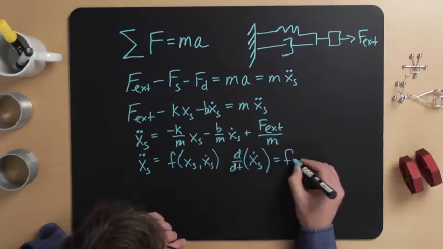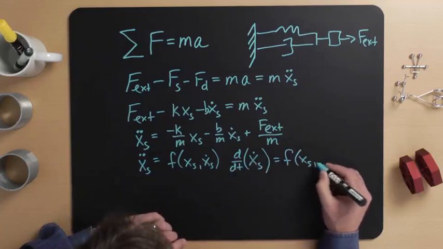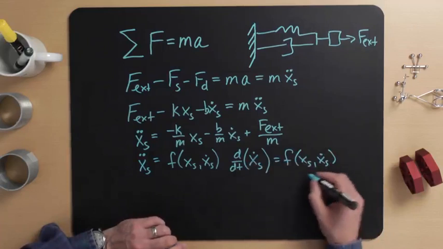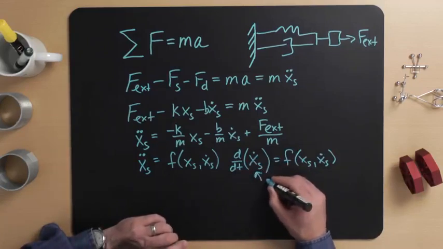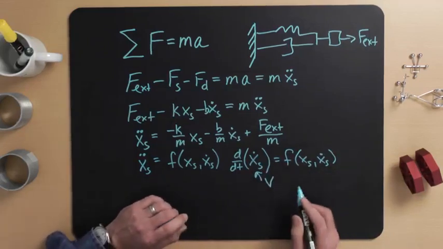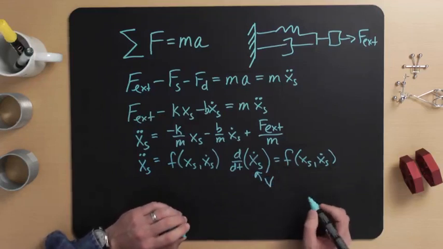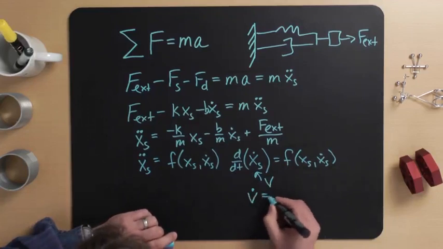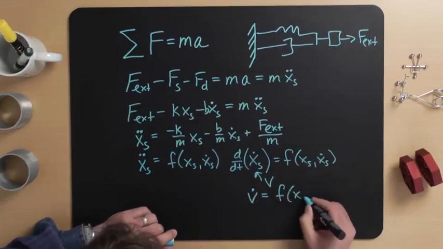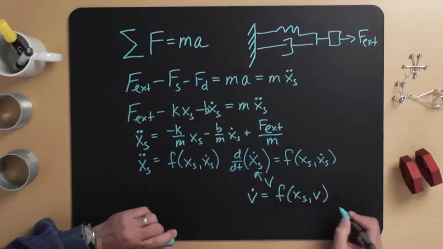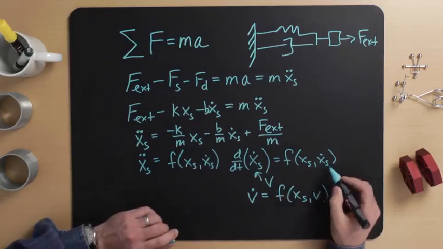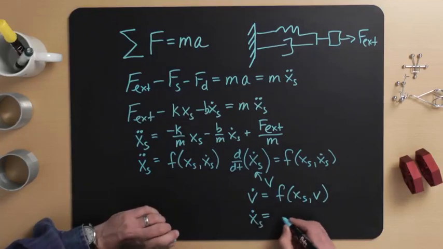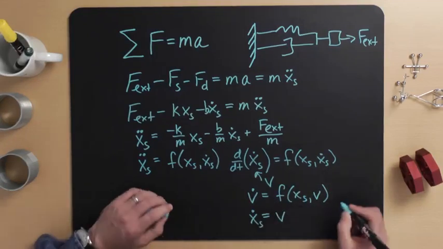And that is also equal to f of x sub s, x sub s dot. This we are going to relabel as just v because it'll help keep track of things in a nice way. This means that v dot is equal to f of x sub s, v because we've relabeled x sub s dot, and we know that because of the labeling, x sub s dot is equal to v.